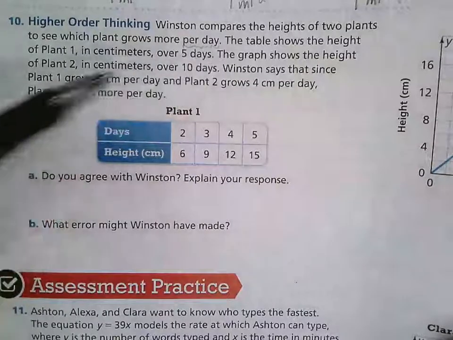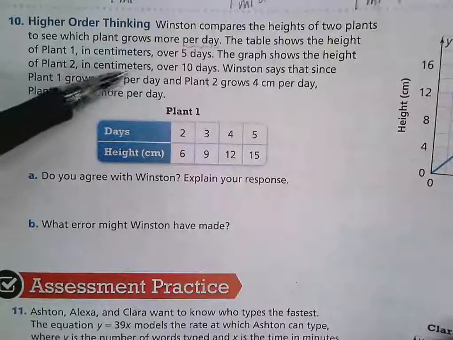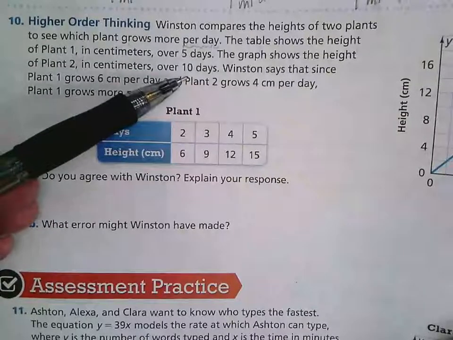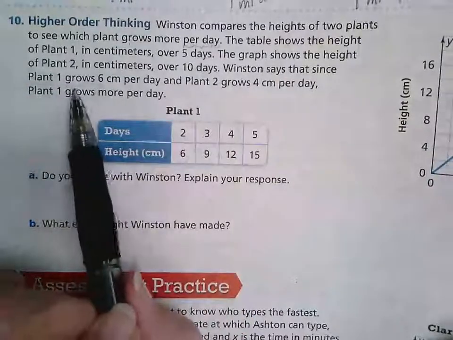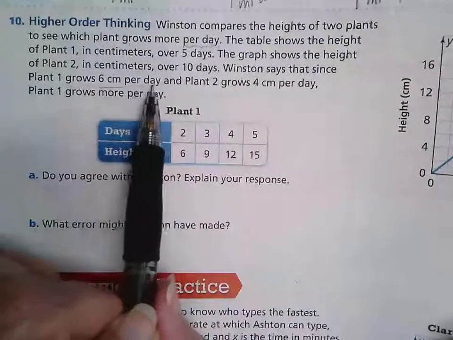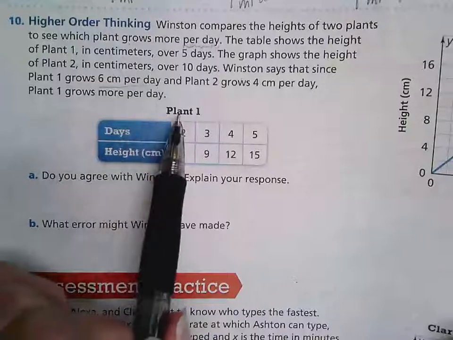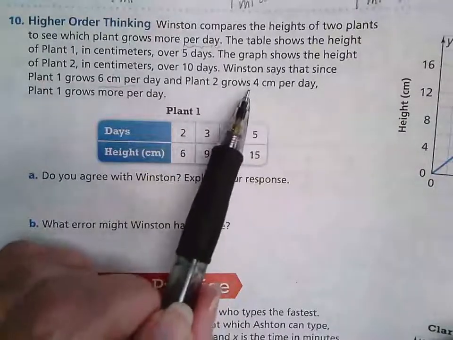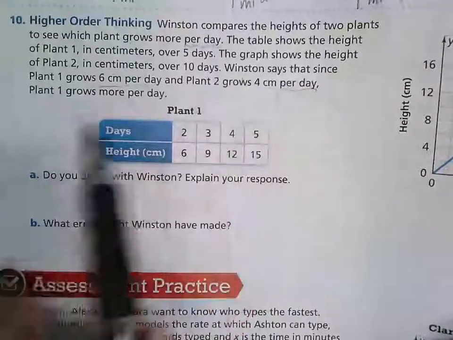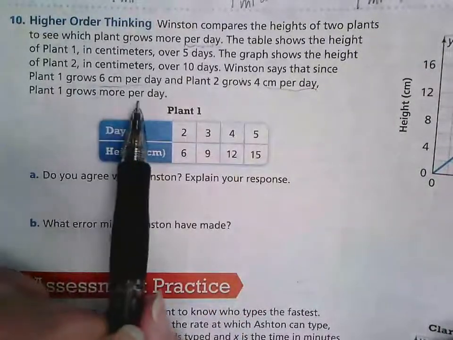The graph shows the height of plant 2 in centimeters over 10 days. Winston says that since plant 1 grows 6 centimeters per day and plant 2 grows 4 centimeters per day, plant 1 grows more per day.